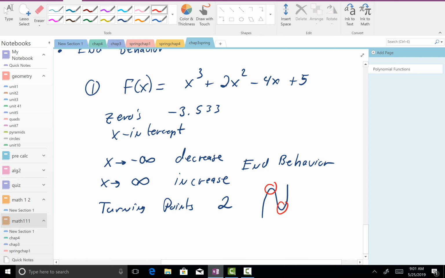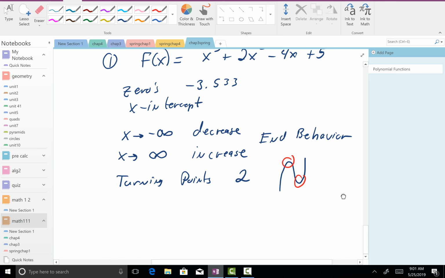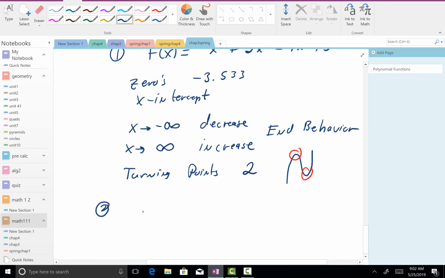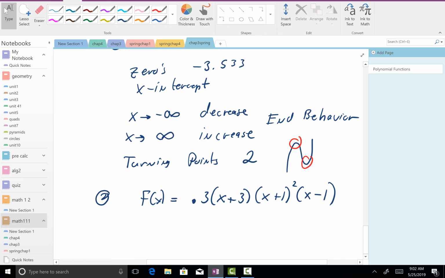Let's do one more and then we'll get you a break here. So let's try 1 this time. Okay, so here we go. Now, can you tell the zeros and x-intercepts by looking at this one without graphing it?